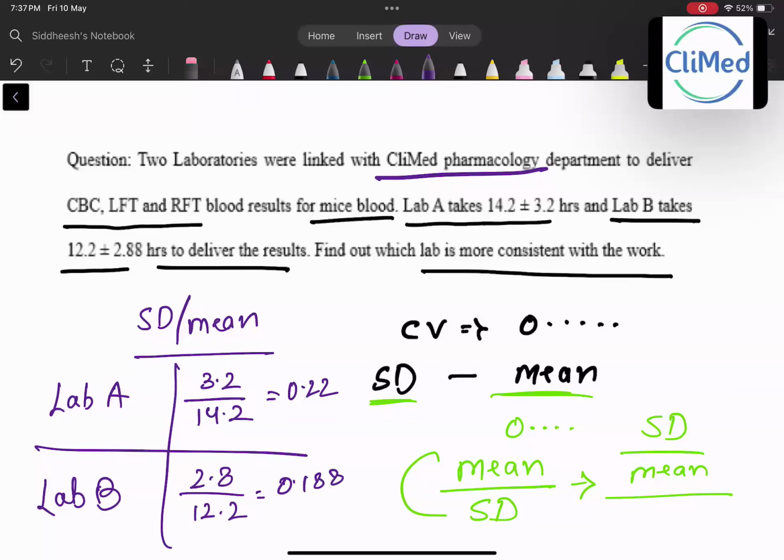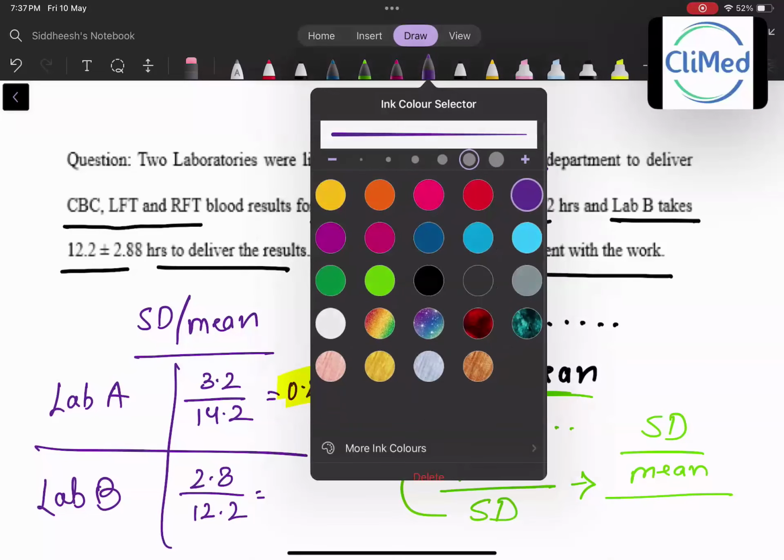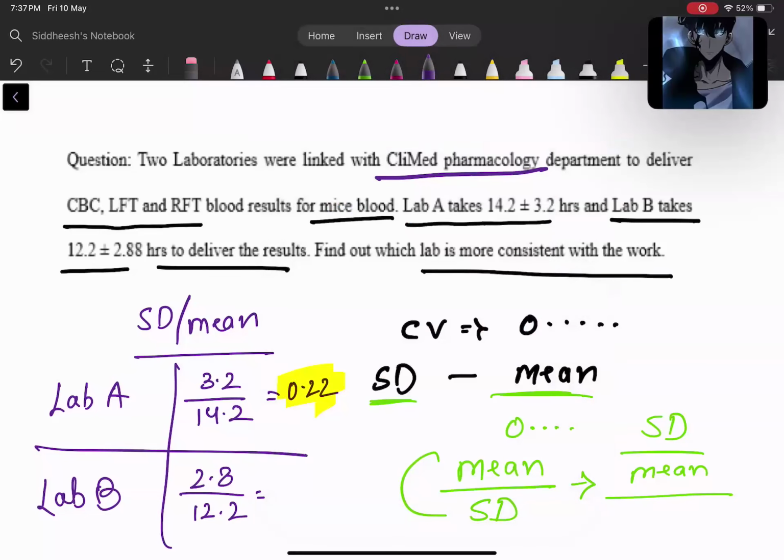So which lab is much better, A or B? So for lab B, how much are we getting? 0.23. Okay.